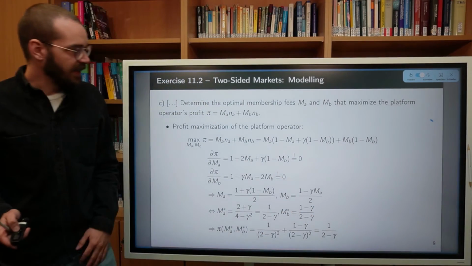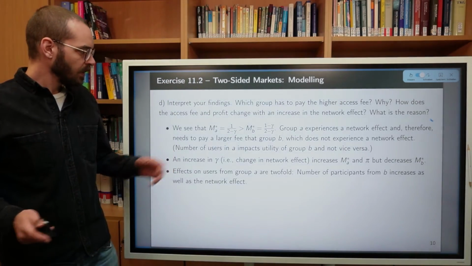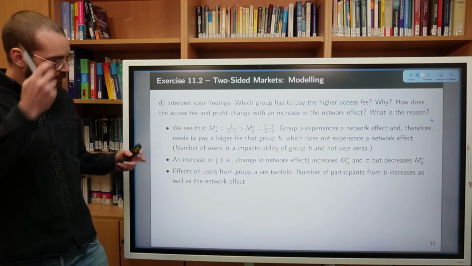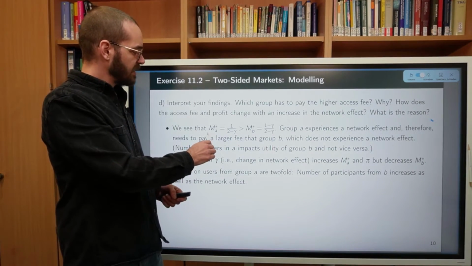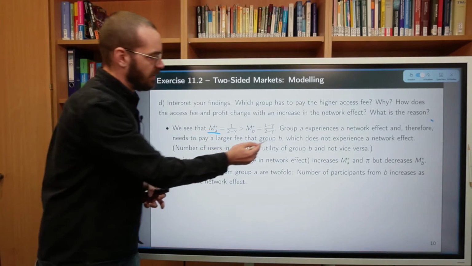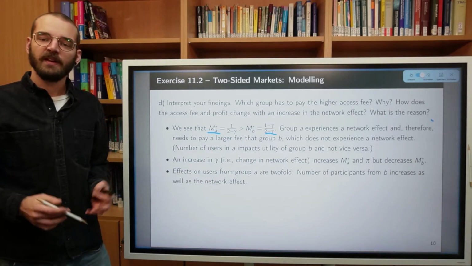So let's have a look at this. What we see is, first and foremost, that the membership fee MA is larger than the membership fee MB.